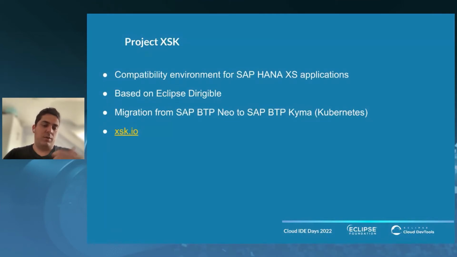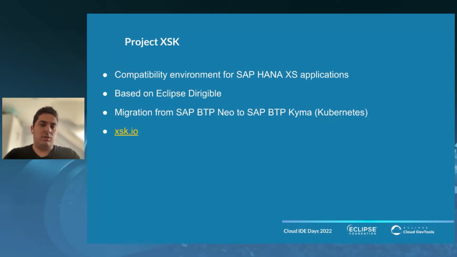On the other hand, we have BTP Neo, which was developed in the early days of cloud development, and it was totally proprietary. With that, we have several types of applications, and one of them was the SAP HANA XS applications. As I said, it was proprietary, and it wasn't based on open source standards.